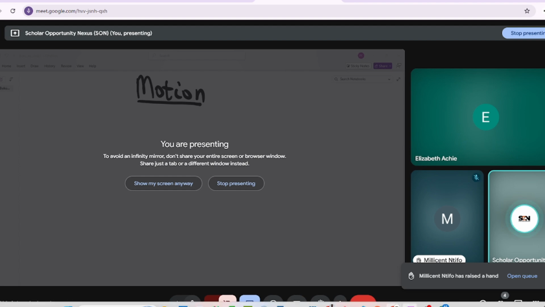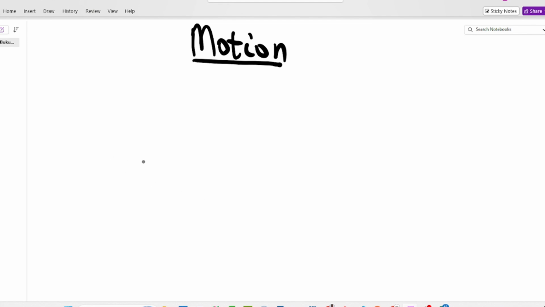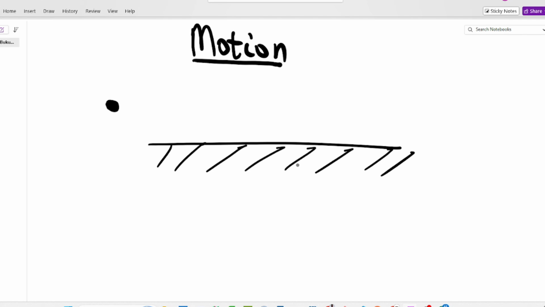So today we are going to start with motion, as we said. So first, let's define what motion is. Let's assume that we have a ground, and then we have a body on the ground.